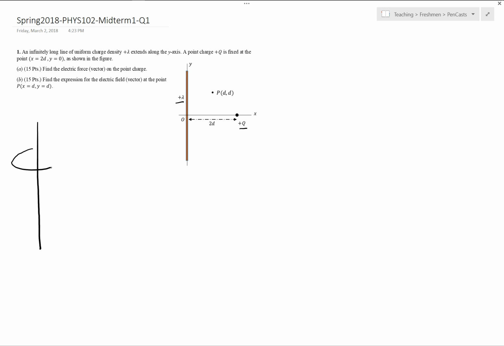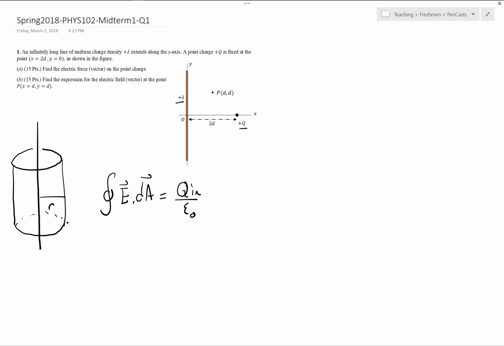For that, I will actually take a Gauss surface at a distance r from the line. Now, on that Gauss surface, Gauss law tells me that the integral of E dot dA is Q in divided by epsilon 0, and for E dot dA from the top and the bottom, E by symmetry is radially outward.